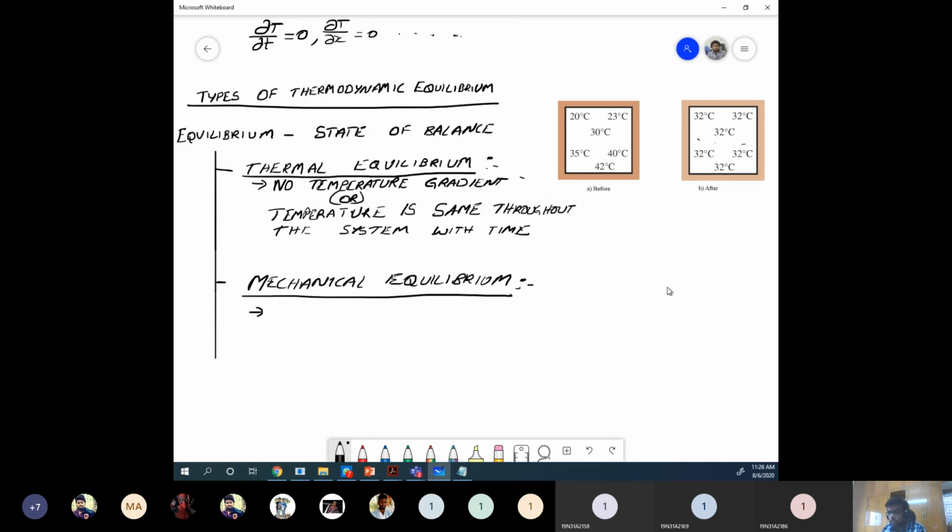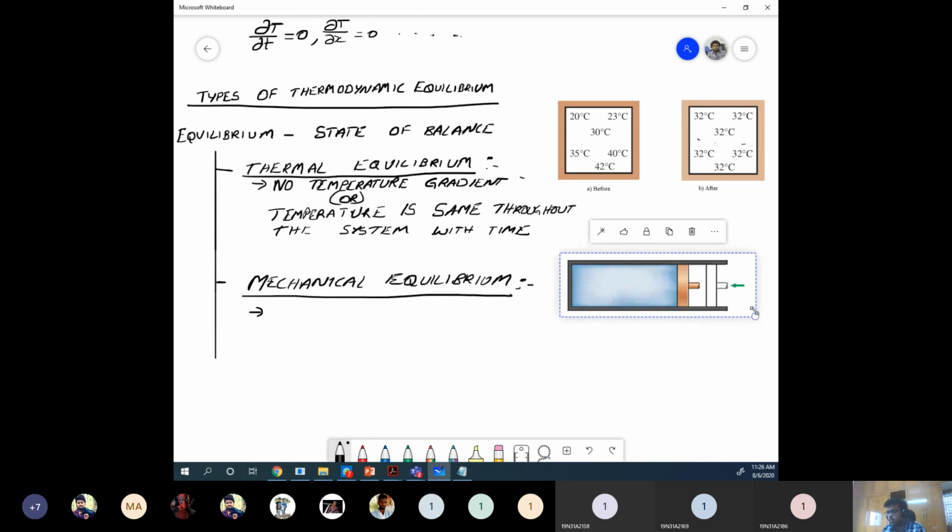Let's say you have a system like this. Let's say you had some pressure here, P1, and outside ambient pressure was something like P2. Let's assume this pressure P1 is very much greater, double or triple, very high pressure compared to P2.